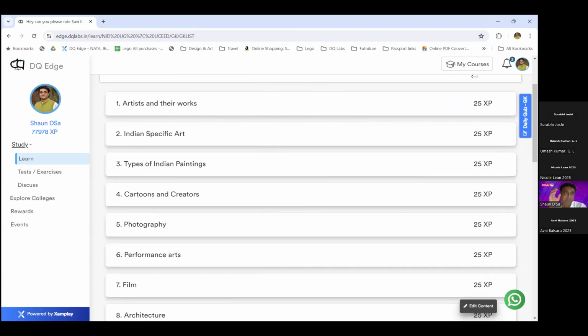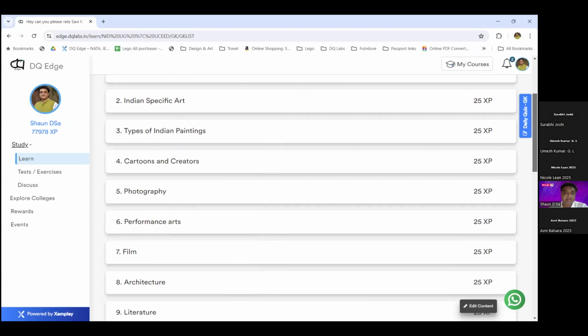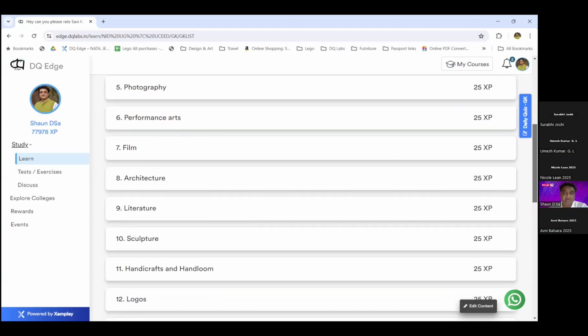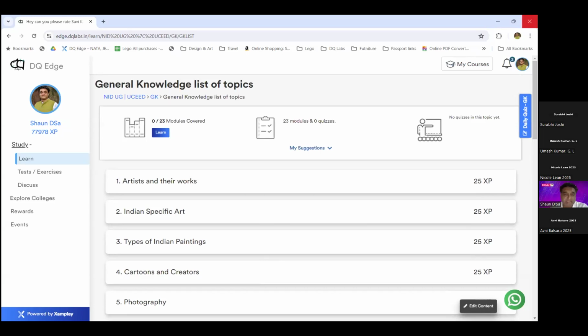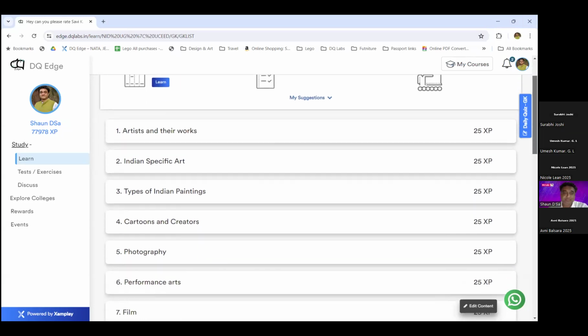A predictable section is artists and their works, international artists, Indian artists, types of Indian paintings, color theory, basic photography, performance arts, types of Indian performance arts, musical instruments, famous people around performance arts, film, film technology, cartoon technology, frames per second and things like that.